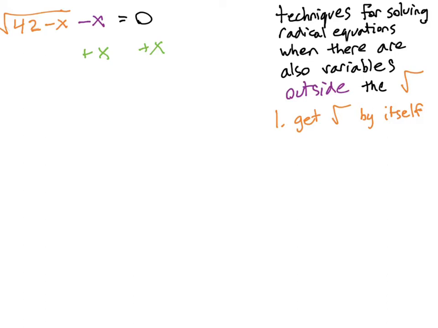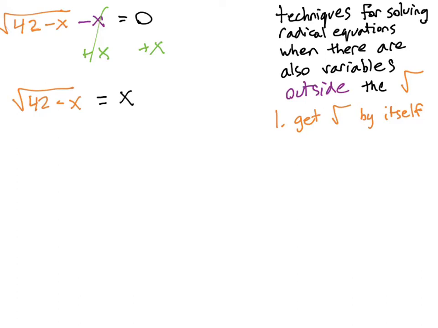Just in the same way that we can add numbers to both sides of the equation to get things to cancel out, I can add the variable x to both sides of our equation. So now we have the square root of 42 minus x is equal to x.